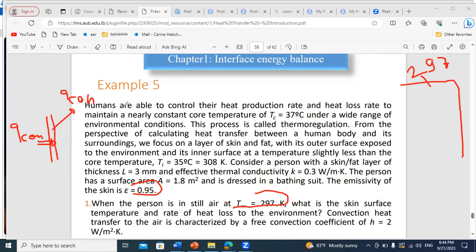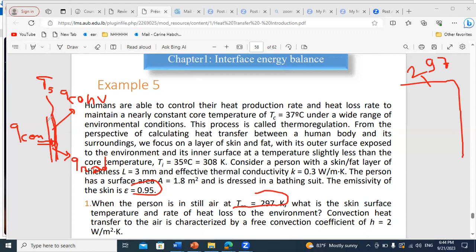This is why when you have water, you only have heat loss by convection and no more by radiation. So for the first question, you have air, so you consider both convection and radiation. And what you are interested in is to calculate the surface temperature of your skin. You want to find what is T surface, T_S.